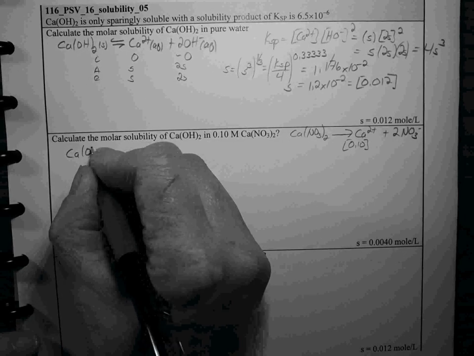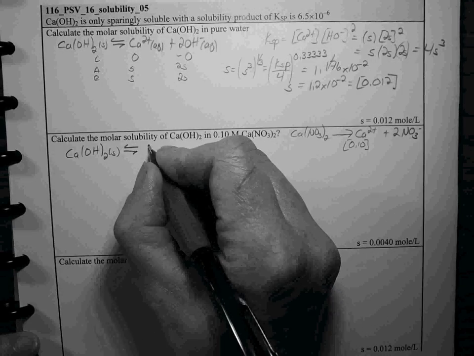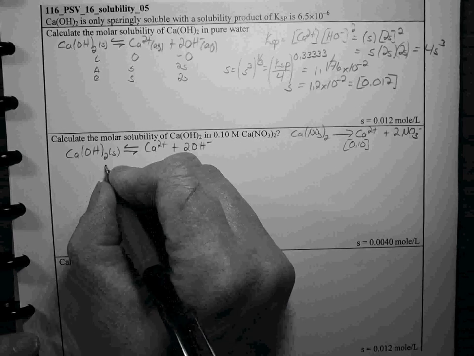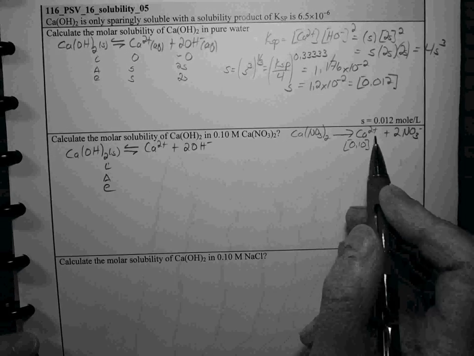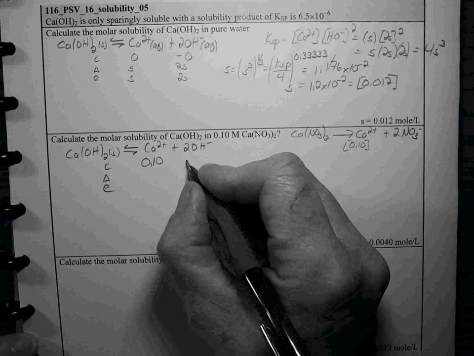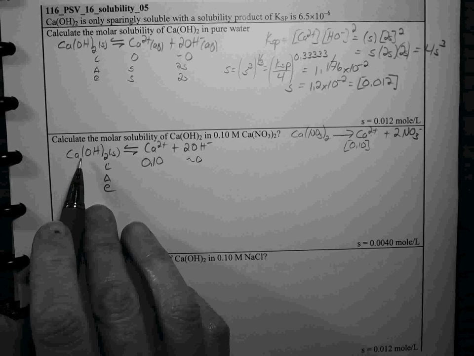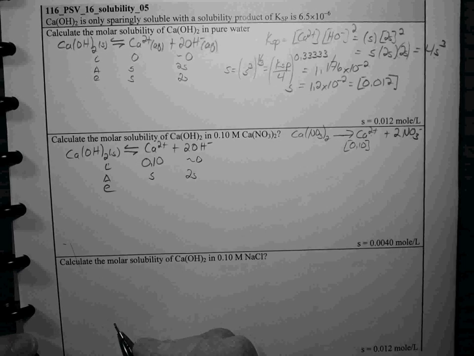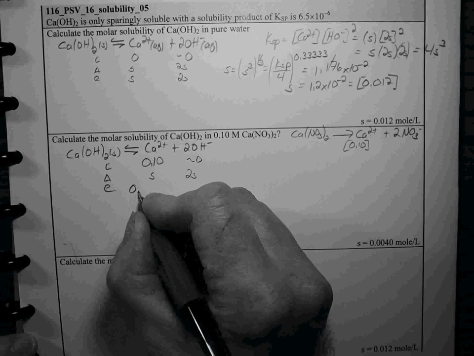Alright, so we need to be careful constructing our ICE table here because we have an initial concentration of one of these ions. Initial, change, equilibrium. Initially we have some calcium 2+, so we start with 0.1. And then we assume we don't have any hydroxide. When 1 mole of calcium hydroxide dissolves, we generate S and 2S moles of our products. So initial plus change gives us equilibrium.